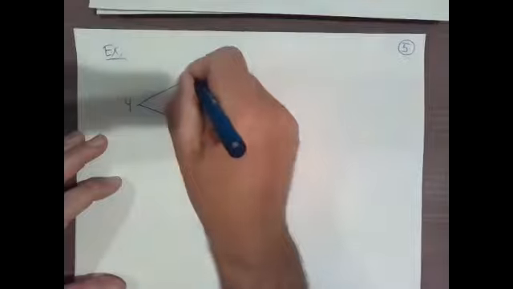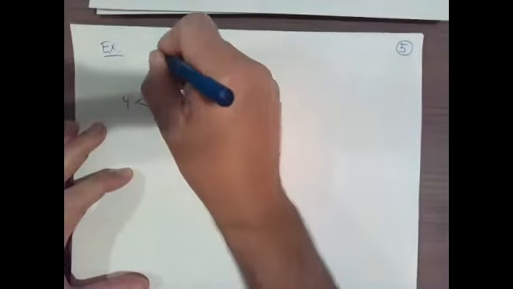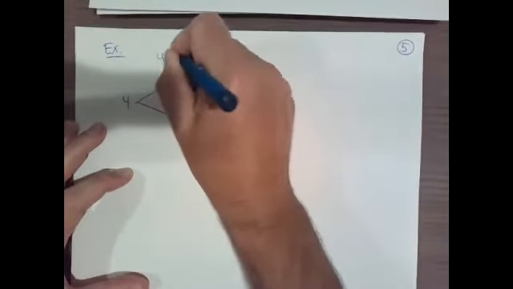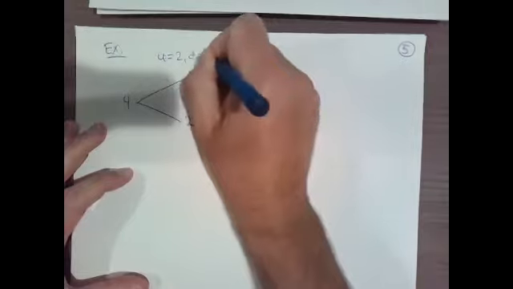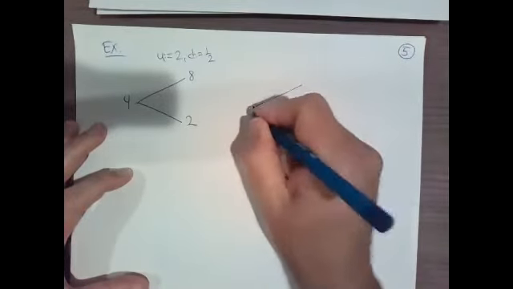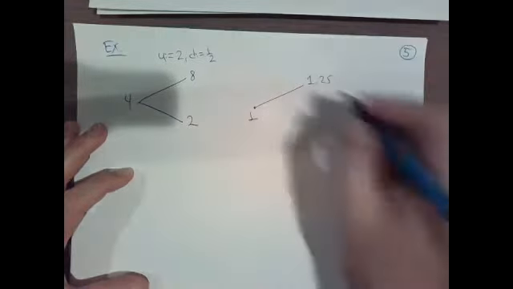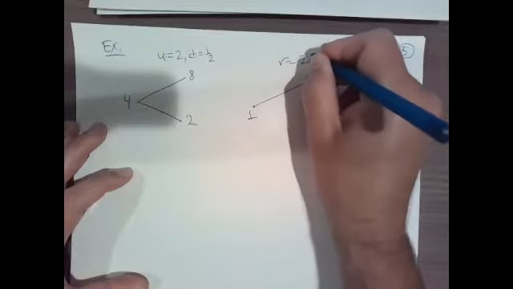So we had a model where this would be the stock. So we have U would be 2, D would be half, and we have the money market account. It will take you from 1 to 1.25. So R would be 25%.